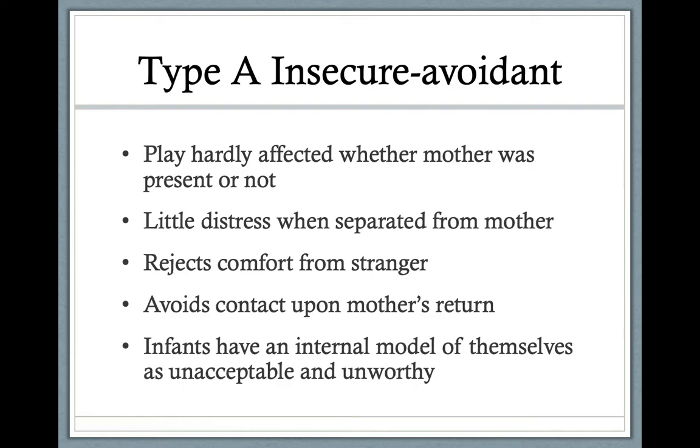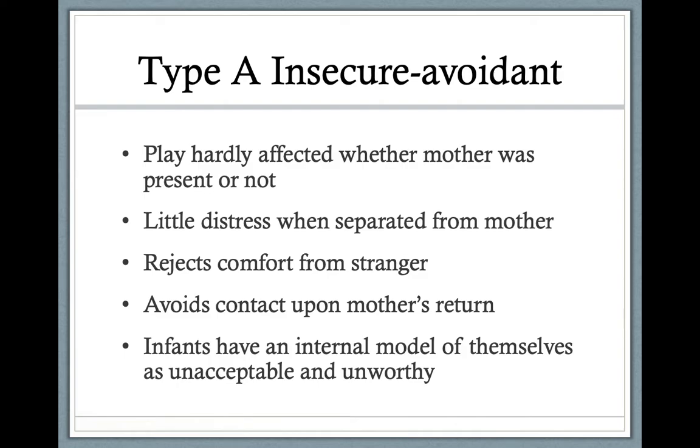These next few slides are just a little bit more detail about the sorts of behaviours that are typically displayed in the strange situation by each of the three types. So type A, insecure avoidant, so this was the 20% of the babies. These are the sorts of things that they showed. They weren't really affected too much about whether the mother was there or not.